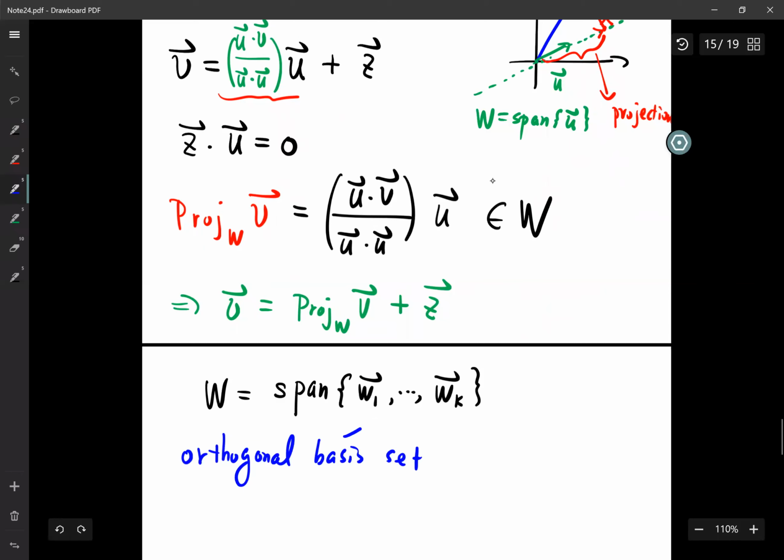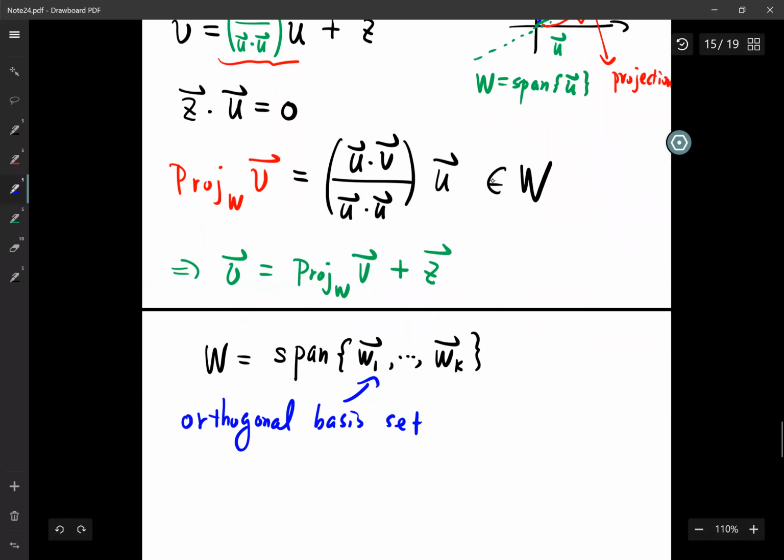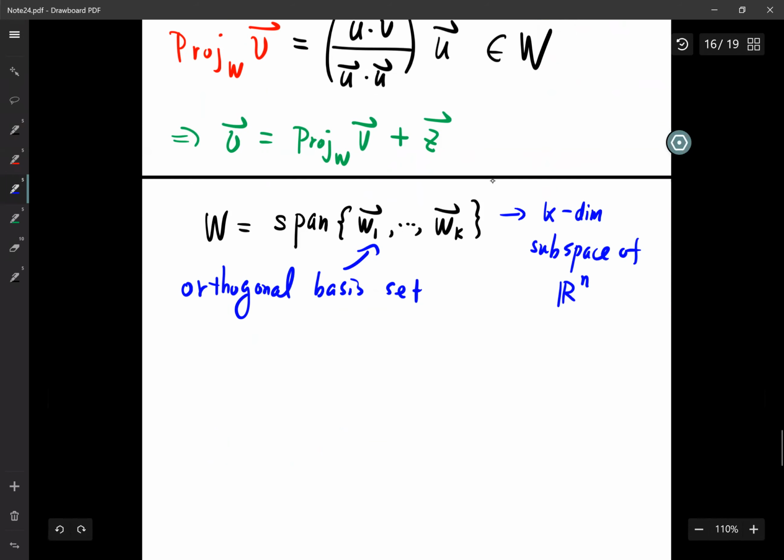Not the span, but a set of vectors, an orthogonal basis set, and therefore this is a k-dimensional subspace of Rn. Let's consider k equal to 2, because the largest I can draw is R3.